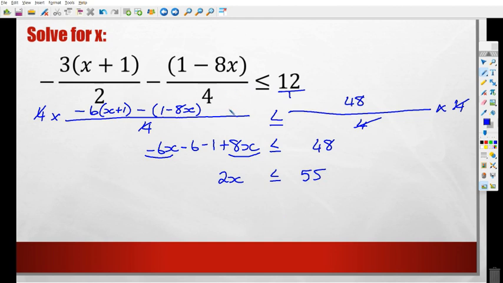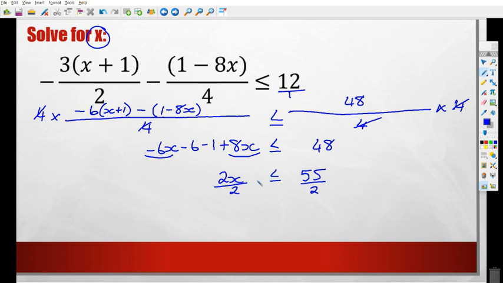Now I'm solving for x. What must I do to solve for x? I divide by 2 on both sides. Am I dividing by a positive? Yes. Does that mean I must do something with my inequality sign? No. When do I flip my inequality sign?